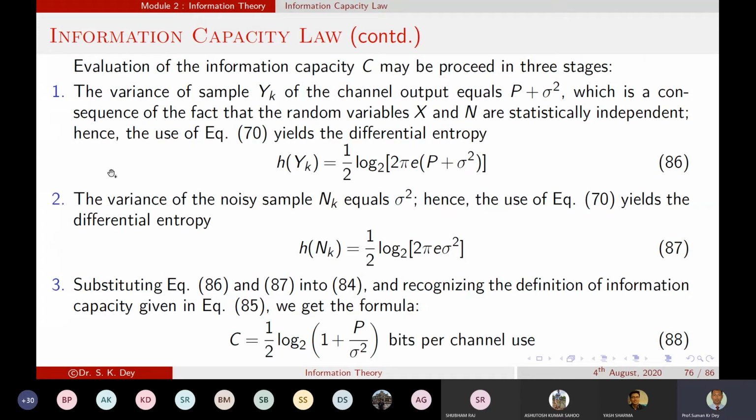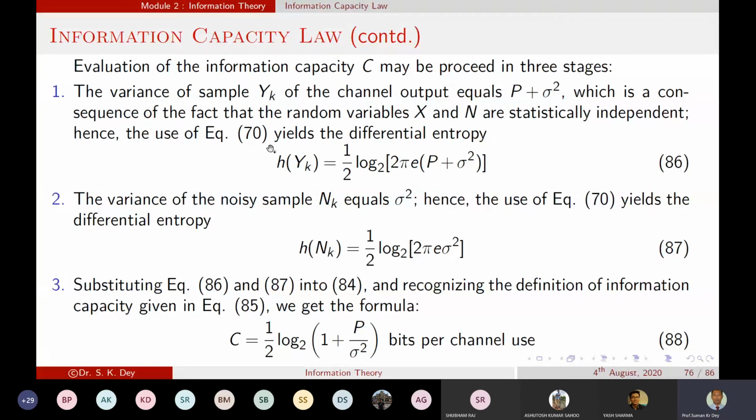Now we discuss how to evaluate the information capacity in three stages. First, the variance of the sample yk of the channel output equals P plus sigma square, which is a consequence of the fact that the random variables x and n are statistically independent. I already told you about this.